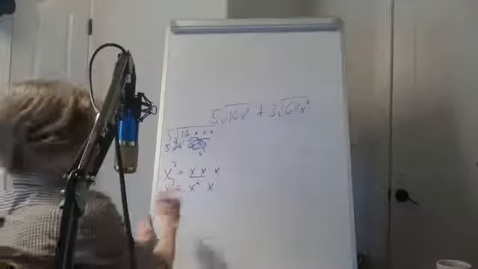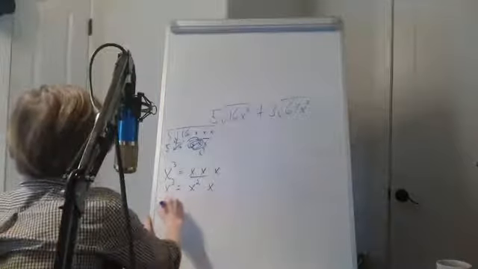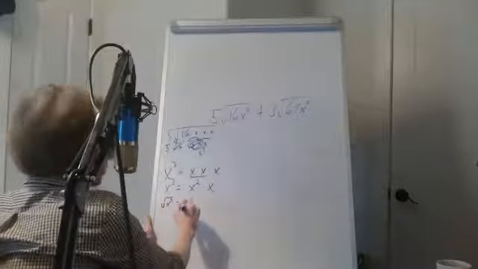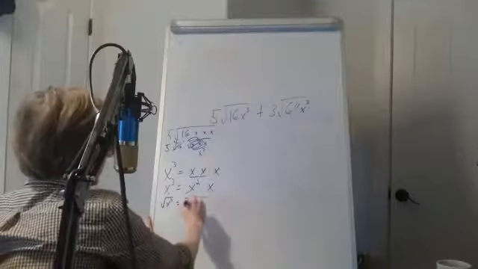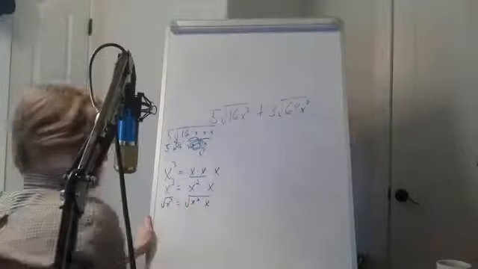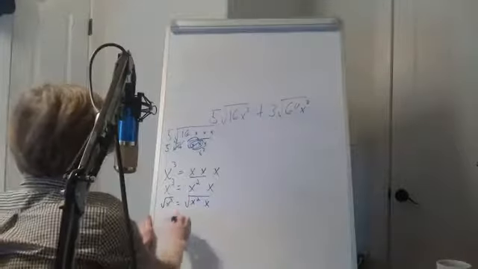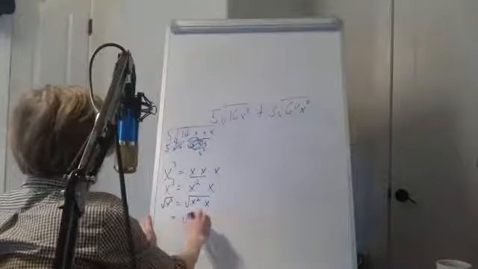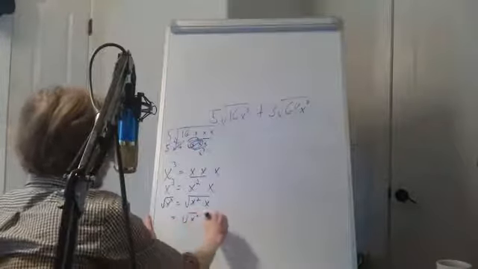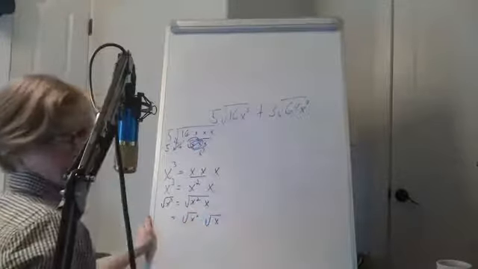So the square root of x cubed is equal to the square root of x squared times x, which is the square root of x squared times the square root of x.